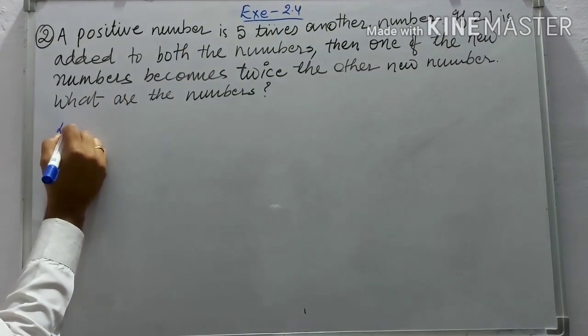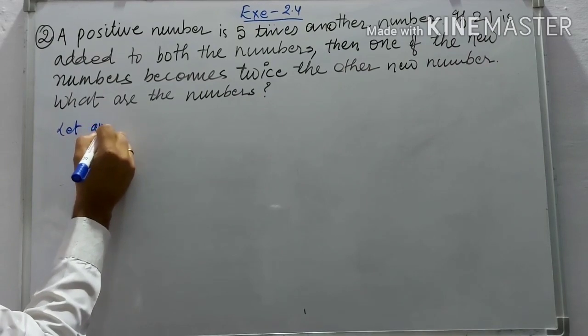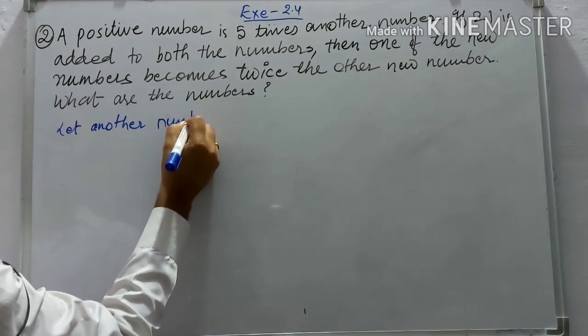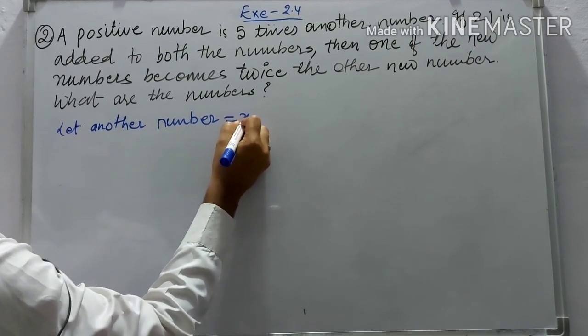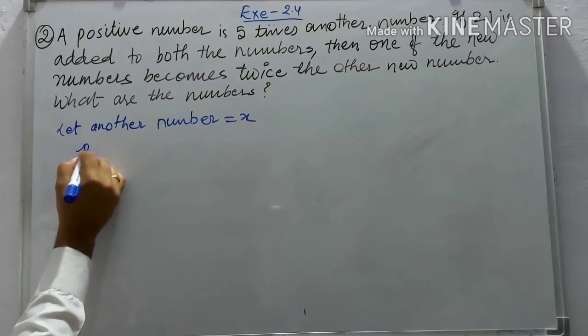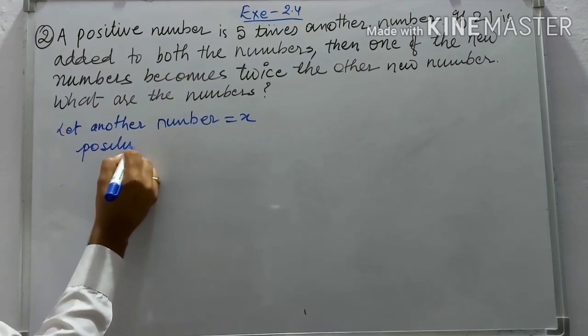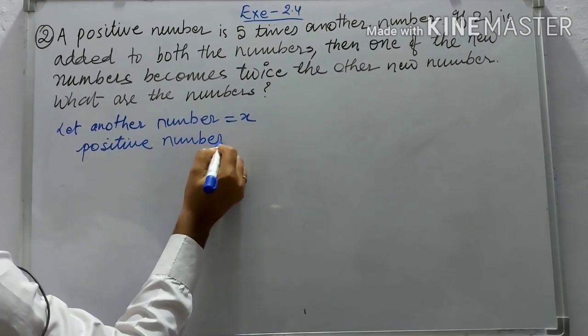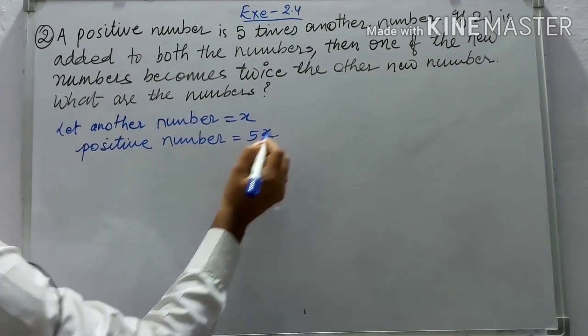The positive number is 5 times another number. It means let the other number be x, and the positive number is equal to 5x.